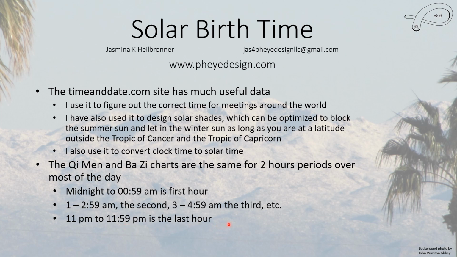So if you're born close to midnight, on either side, depending on the difference between solar and clock time, you might be born on a different day even. Most likely you'll be born only on a different hour, and you might actually be born on the same hour too. It all depends on the details.